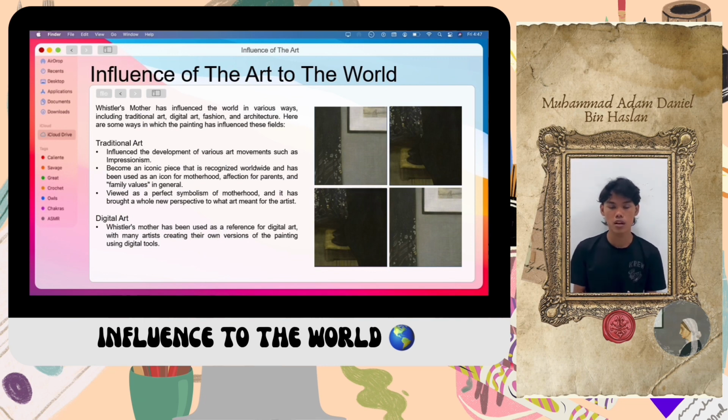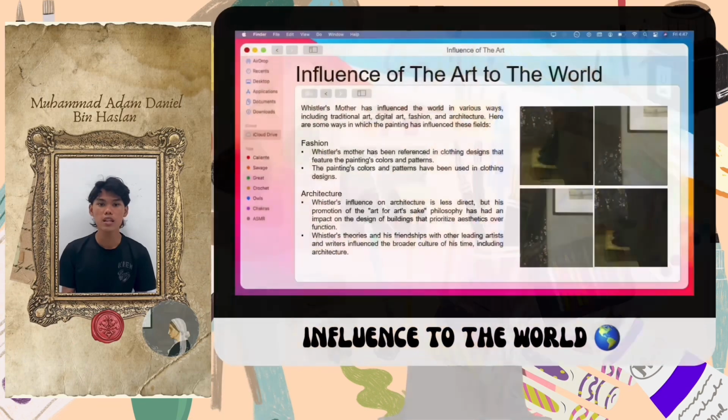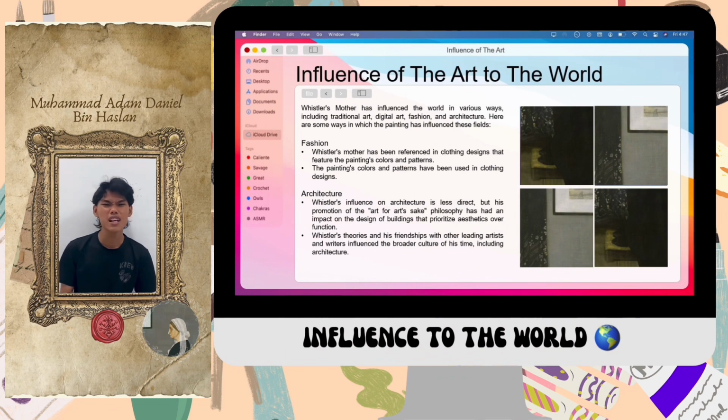In terms of digital art, the painting has been referenced a lot by digital artists, who have created many digital versions of the art. In terms of fashion, many designers have referenced the painting in their clothes and style, in terms of color palette and the patterns from the painting.